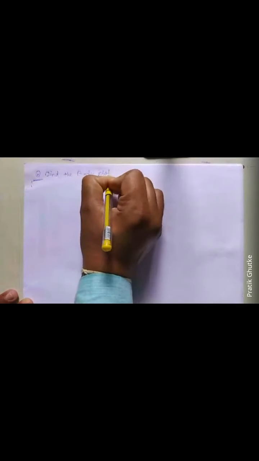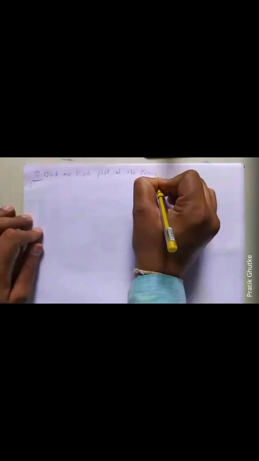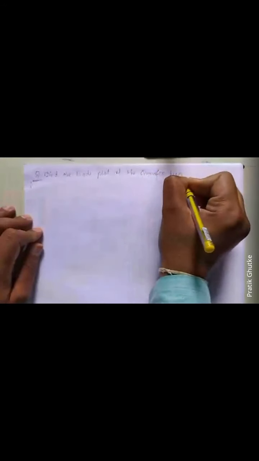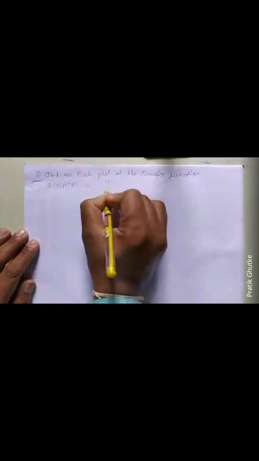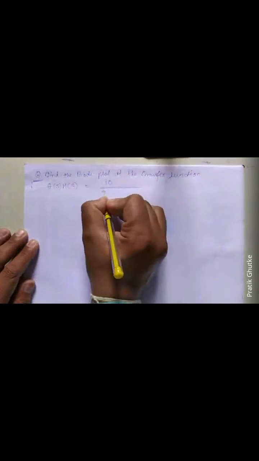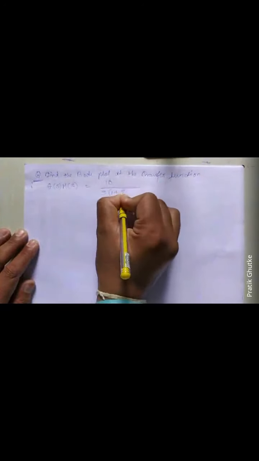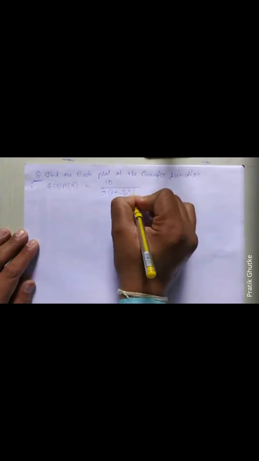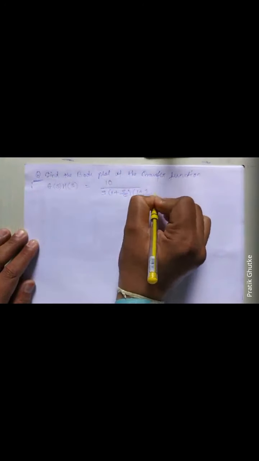Question is, find the Bode plot of the transfer function G(s)H(s) equals 10 divided by s(1 + s/2)(1 + s/10).